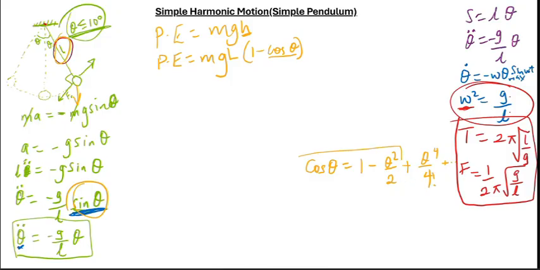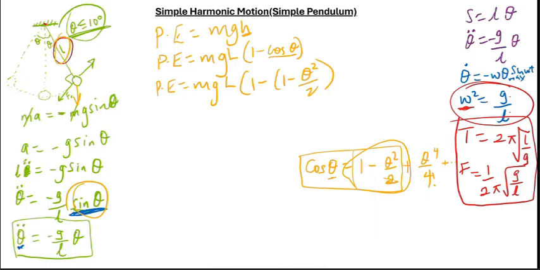Then we are just considering only the first two terms, because the rest is very small. Then if we put it inside this, we have our potential energy equal to mgL into 1 minus theta squared over 2, which is this guy here.